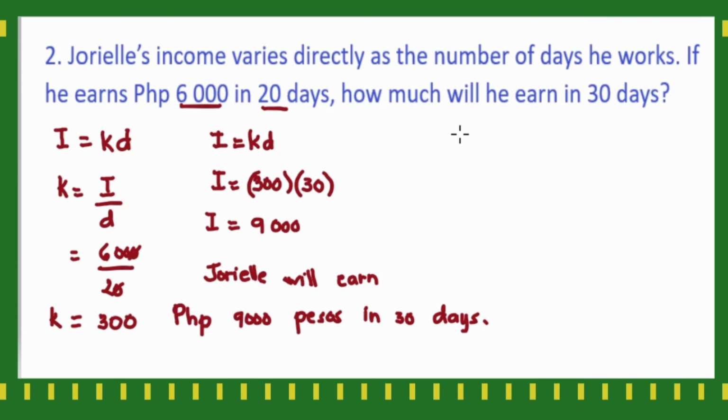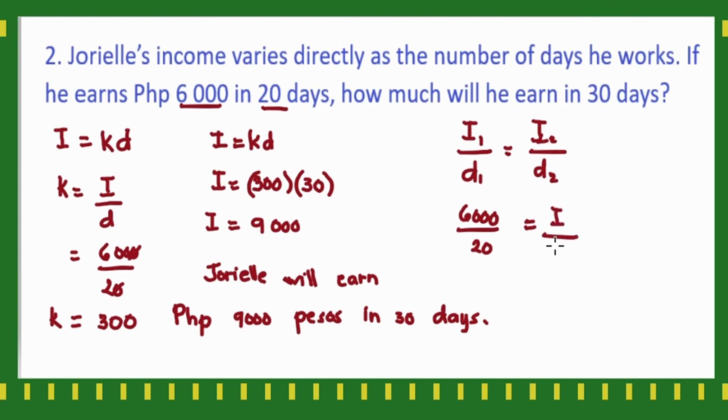Let's have an alternate solution. So, we have I sub 1, number of days is D sub 1. First income is 6,000. Days is 20. Second income is unknown, so I sub 2 or I. D sub 2, number of days is 30.